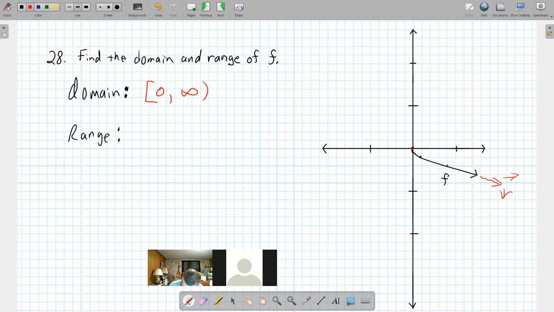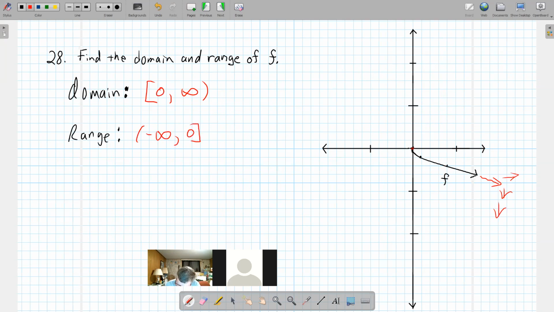The range is going down here, but we list domain from smallest to largest. We list range from smallest to largest. So domain goes from left to right. Range goes from down to up, so to speak. So the range goes from negative infinity up to 0.